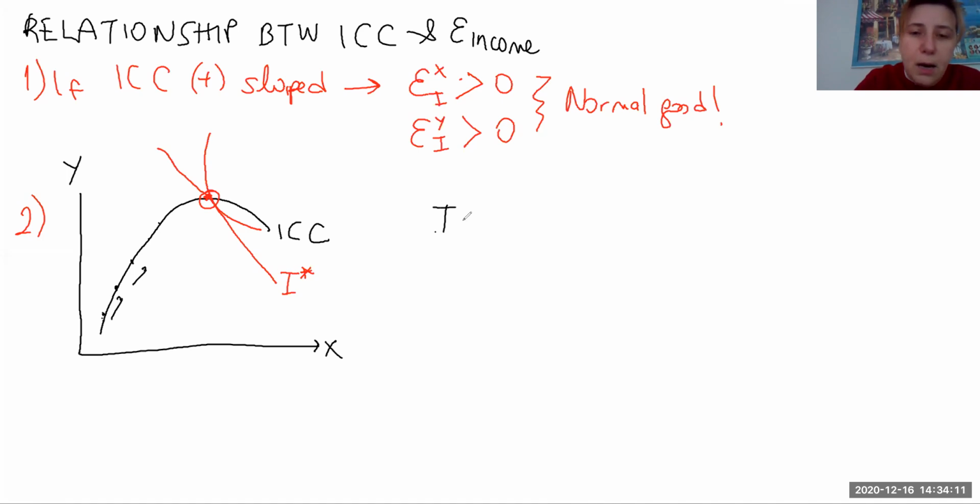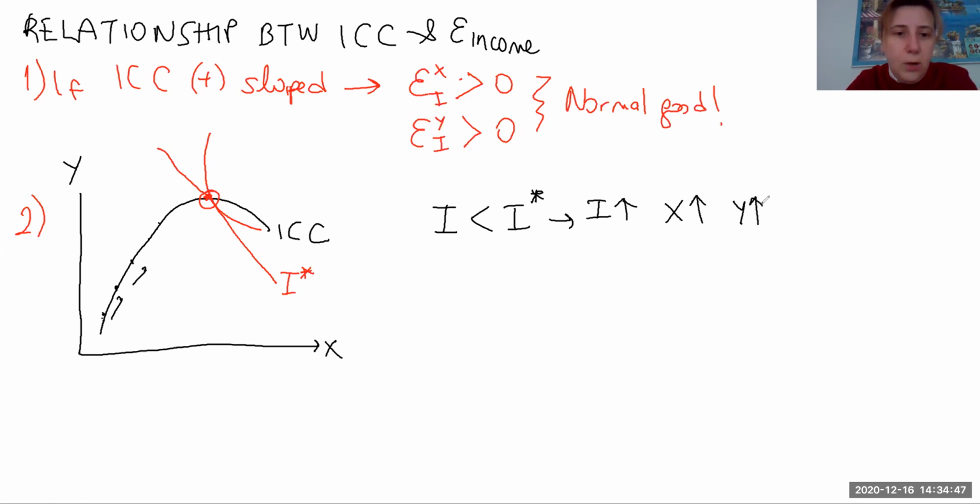If the income level is less than I star, the critical income level, the threshold level, then while the income of the consumer increases, both the consumption of X and the consumption of Y increase, because until that point the income consumption curve has a positive slope.